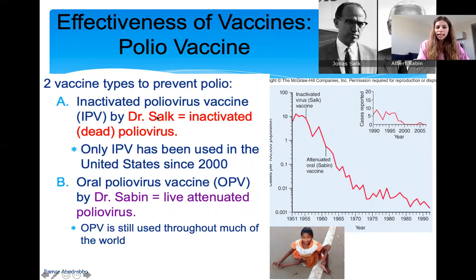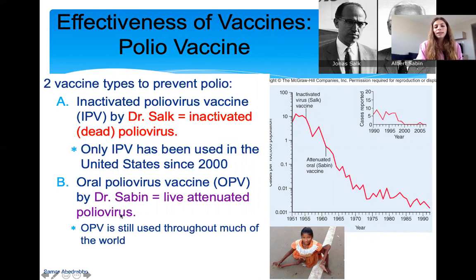There's an inactivated polio virus vaccine. We're going to talk about what inactivated and attenuated and all these terms mean in a second. Dr. Salk created a vaccine that is a dead polio virus, in essence, in an injection that is administered and has decreased polio cases.